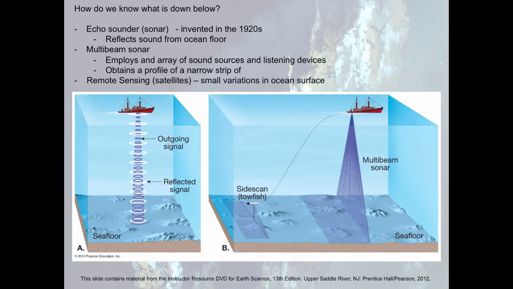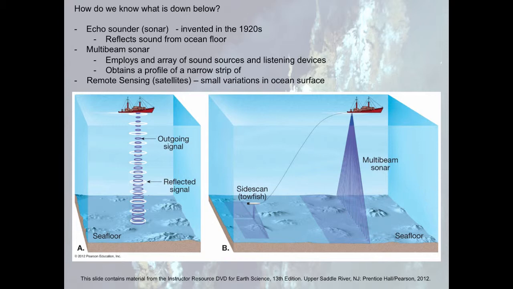An early technique was used since the 1920s called sonar. It was in wide use in the 1940s and 1950s during the Cold War, because there are a lot of military and strategic reasons for understanding the shape and structure of the ocean basins.